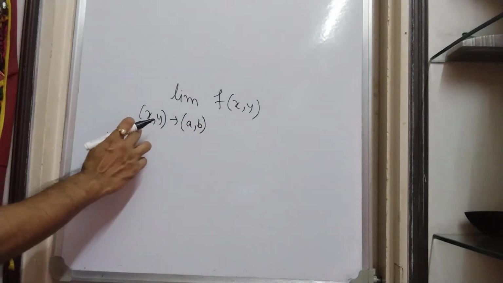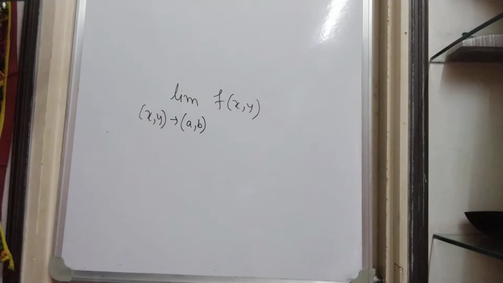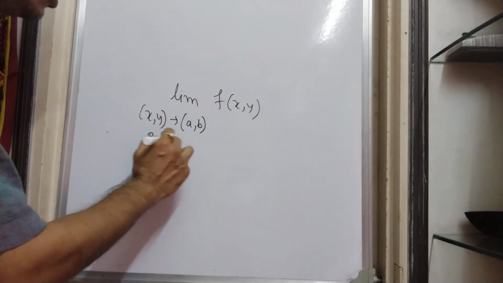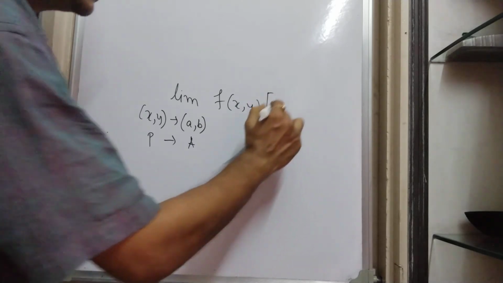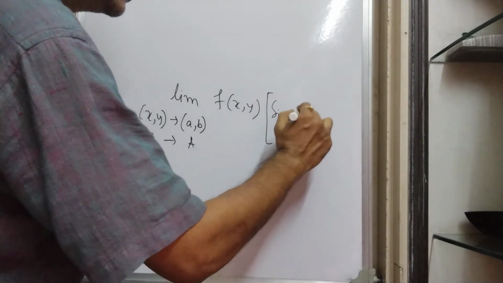The locus point P(x,y) tends to a fixed point A(a,b), and this is termed the simultaneous limit.